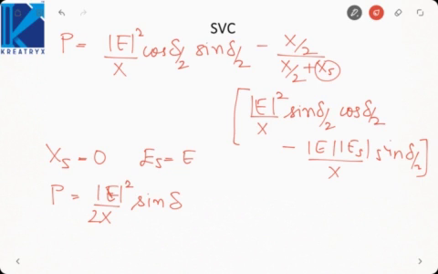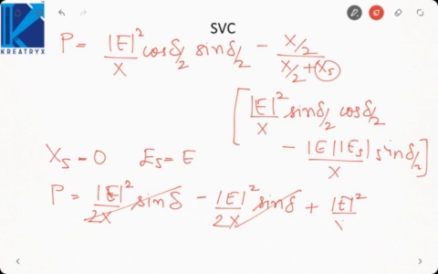If XS is taken as 0, this factor will become 1, minus e square by 2x sine delta, so this gets cancelled out, plus mod e square by x sine delta by 2. So power will be mod e square by x sine delta by 2.